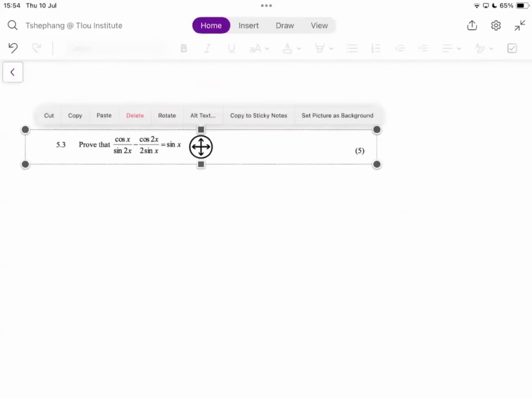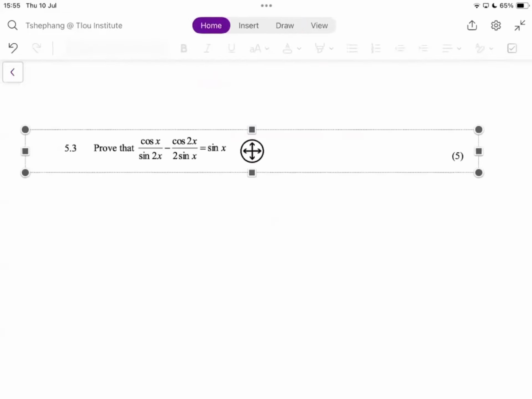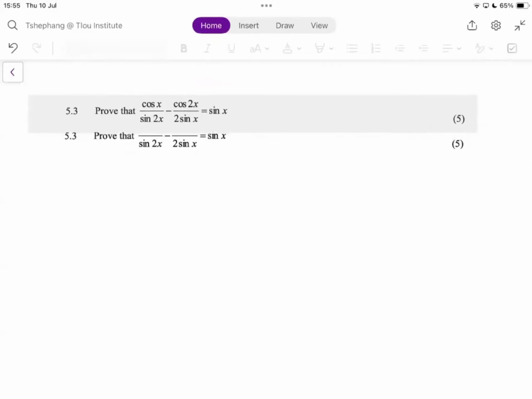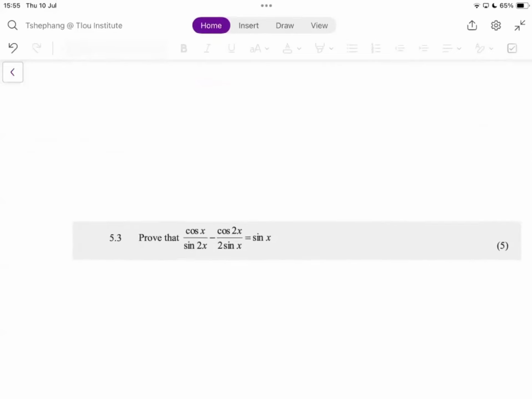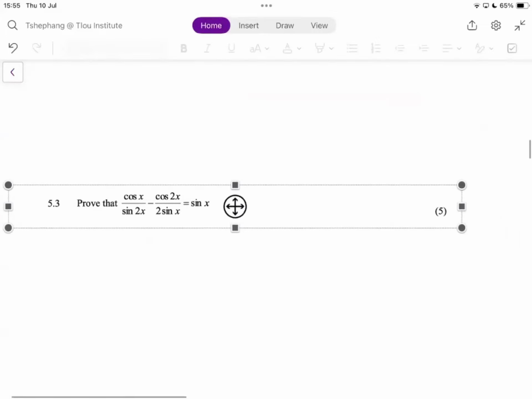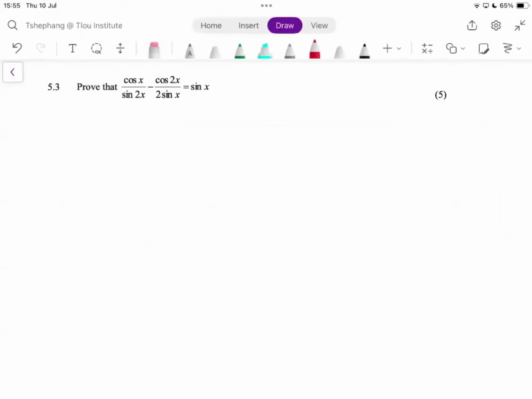Now here is a proof. Okay, I do have some questions prepared for you guys. Just let me attempt these ones just so I can show you how you need to go about them. Whenever you're dealing with trig proofs, what you need to do first is you need to pick the side that has a lot of work, right?